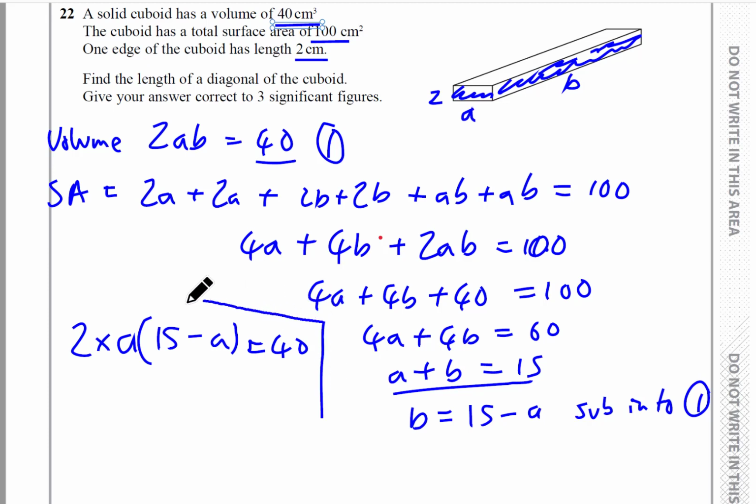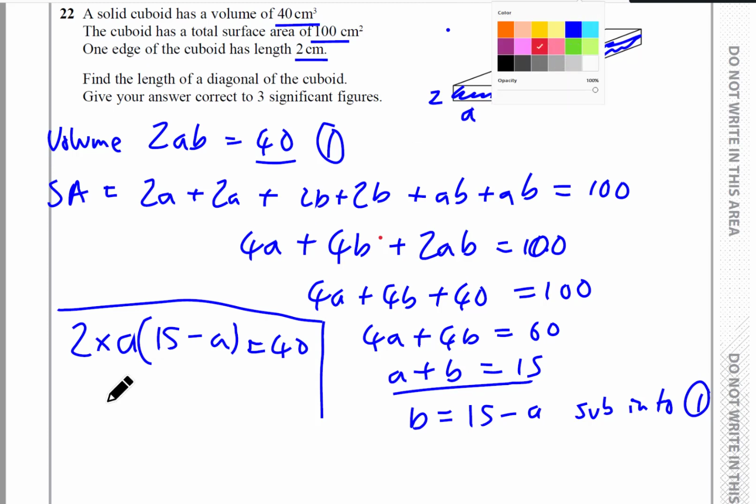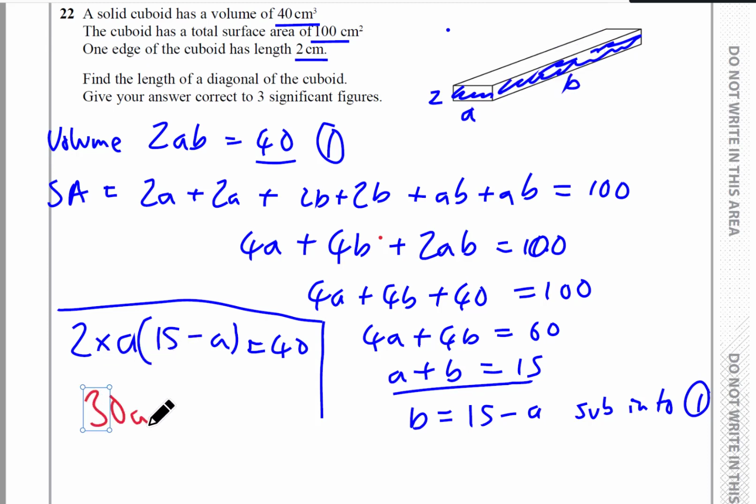I'm going to split that up and change colour pen so you don't get mixed up with the working out. So you're going to get 2A times 15, that's going to give us 30A, minus 2A squared equals 40.